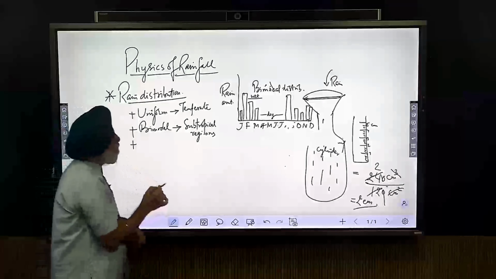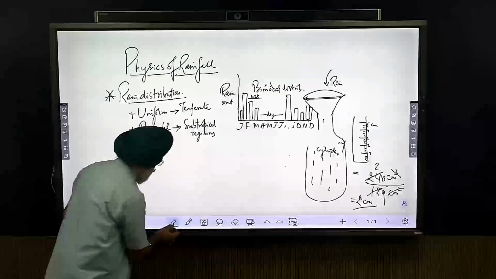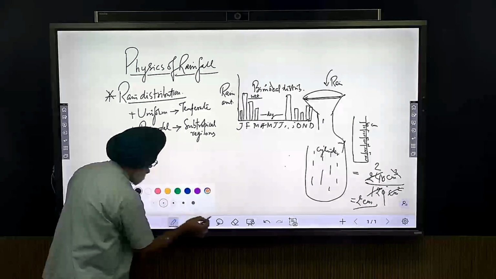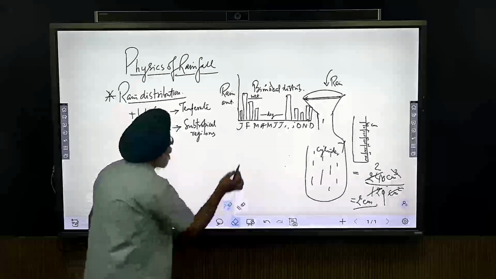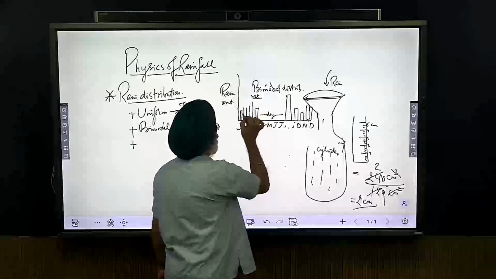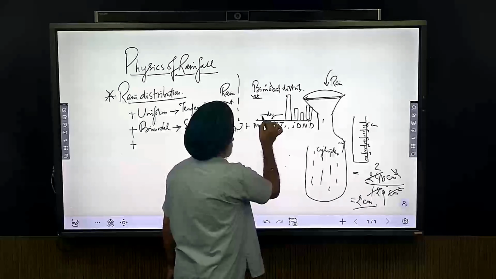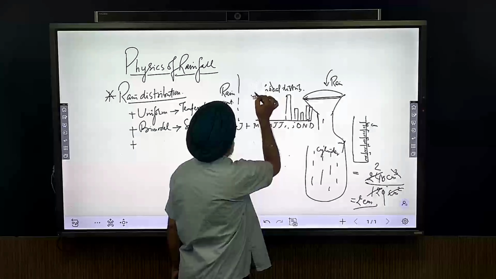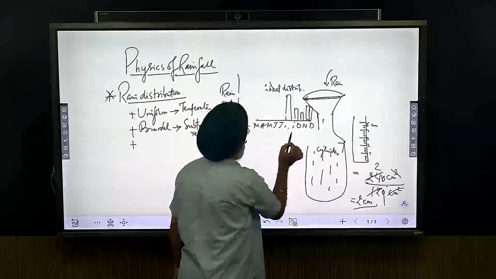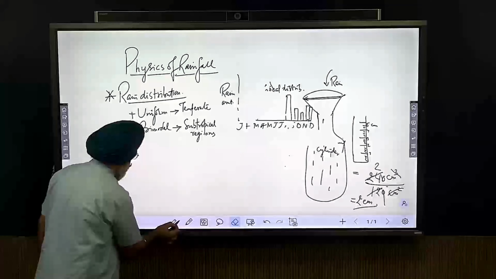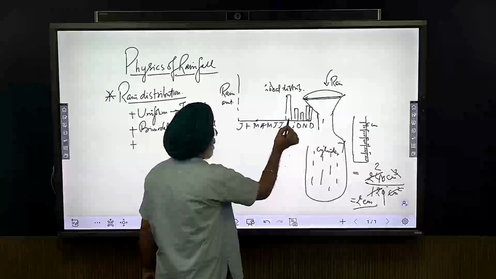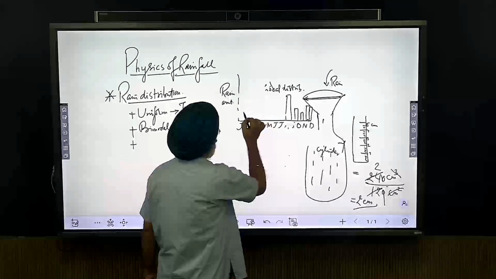Then the third type is when your rainfall is concentrated during one single part of the year. That means here you have rainfall, and here this is all dry period.